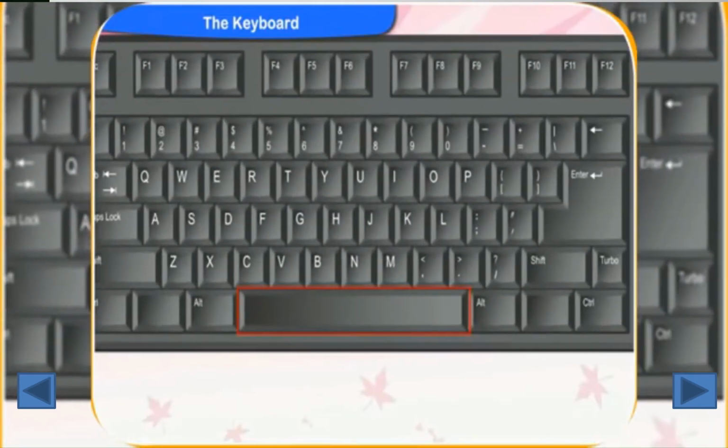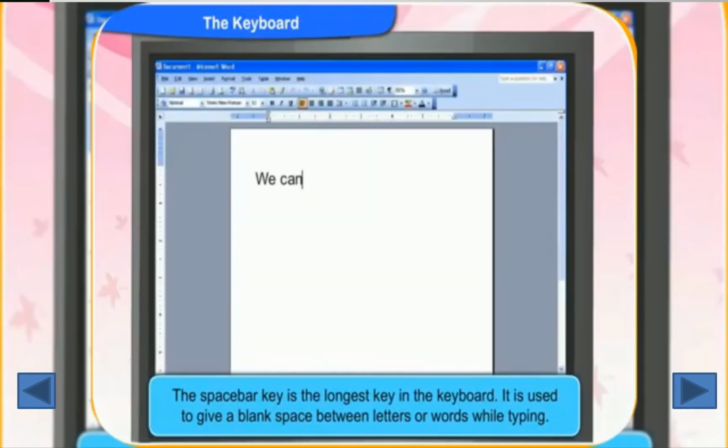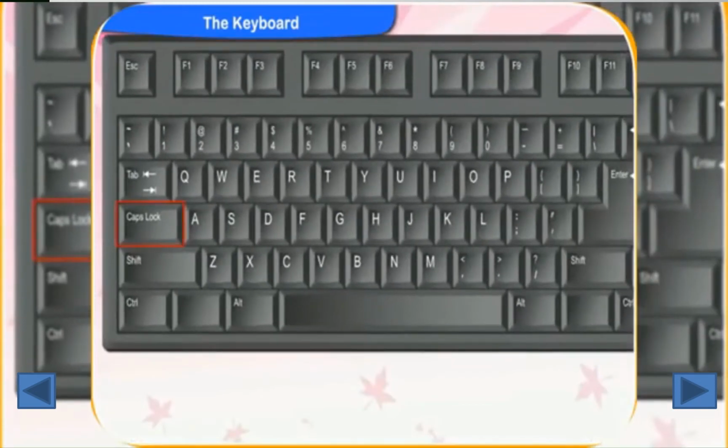Which is the long key at the bottom of the keyboard? That is the spacebar key. It is the longest key in the keyboard. It is used to give a blank space between letters or words while typing. Rini, can you see the key on the left side of the keyboard which has caps lock written on it?